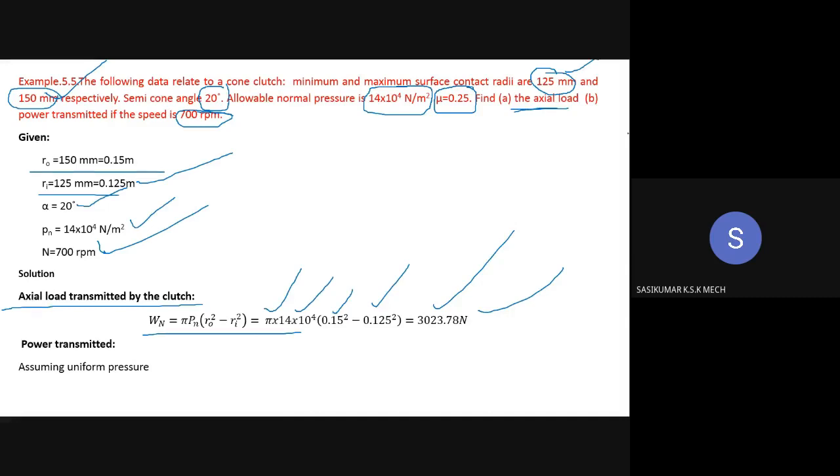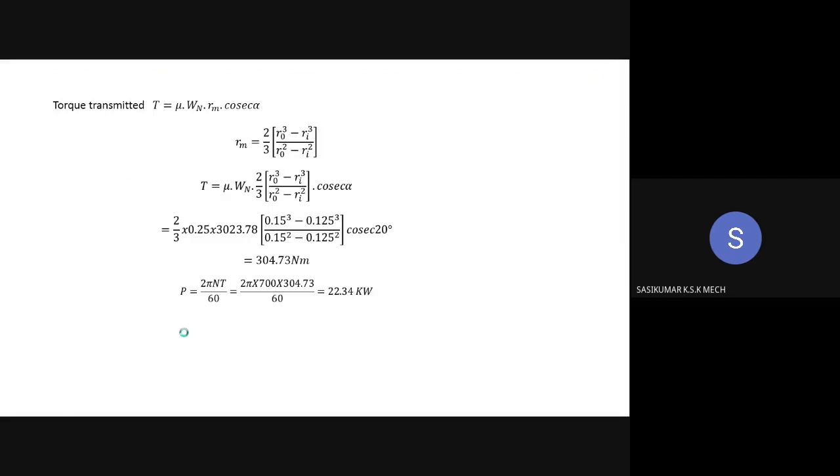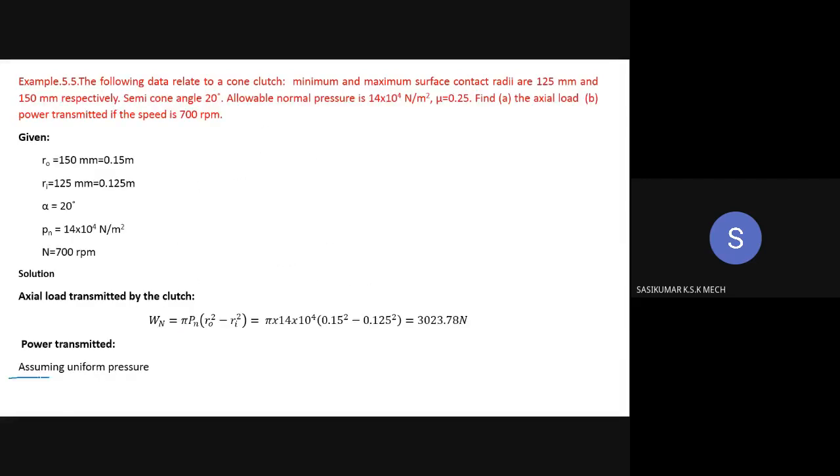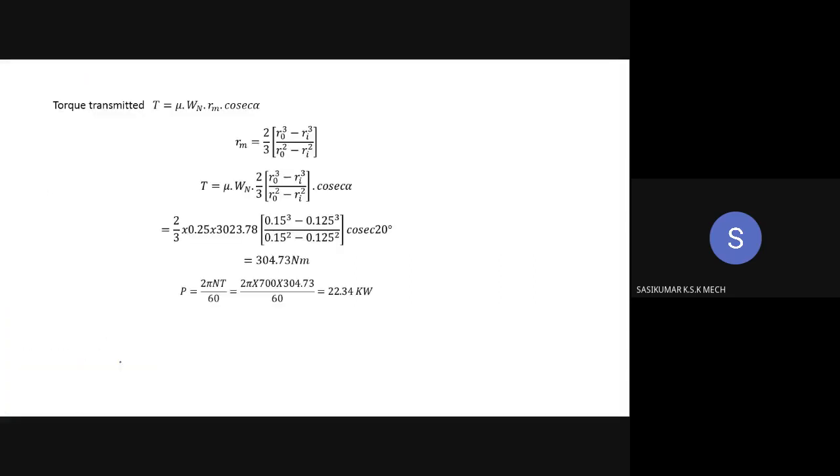Next you need to find the power transmitted at the speed of 700 RPM. As you know, power will always be followed by the RPM. Here the assumption is a uniform pressure condition, so the torque transmitted will be this much.